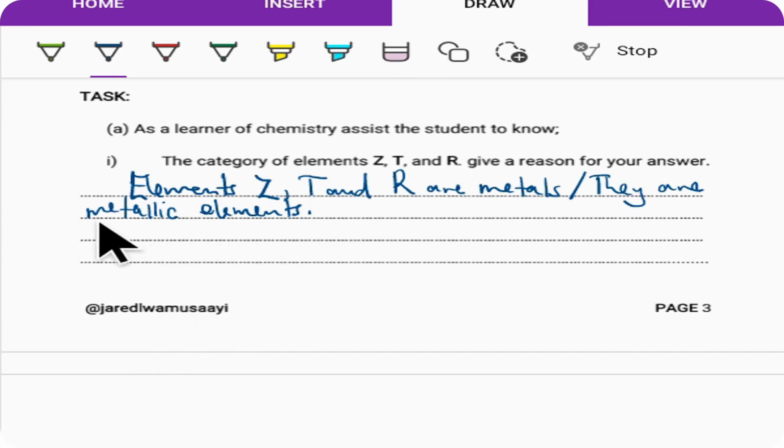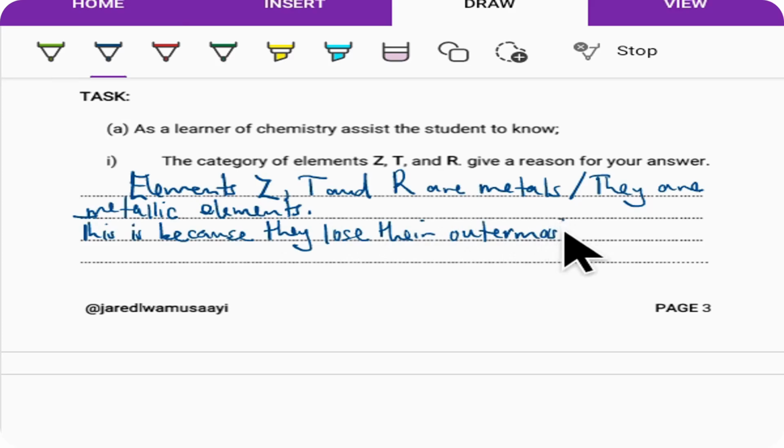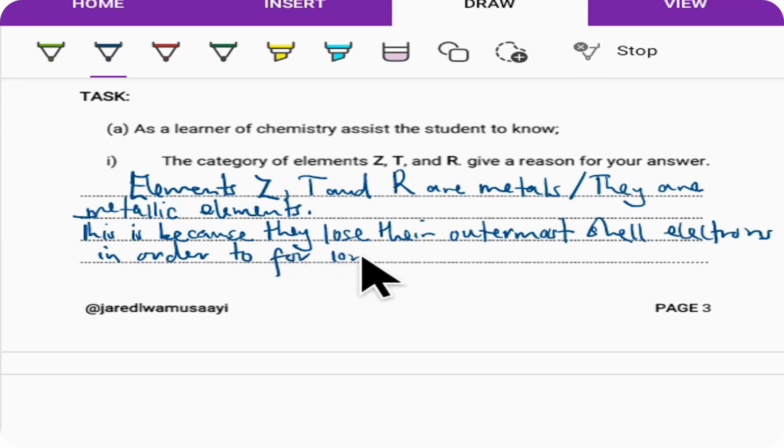Then we give a reason. This is because they lose their outermost shell electrons in order to form ions.